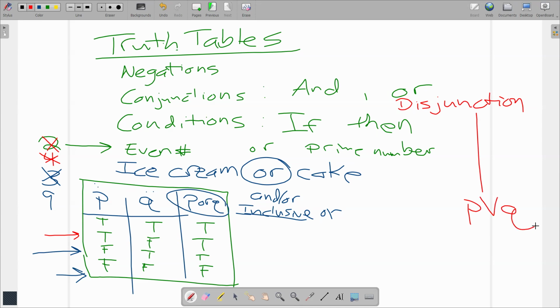So that just means, again, P or Q. So sometimes in a homework problem will come up, or an example in the book, they'll use the word or. Sometimes they'll put that V symbol in between. That also means or. Sometimes they'll use the word disjunction. That means or too.